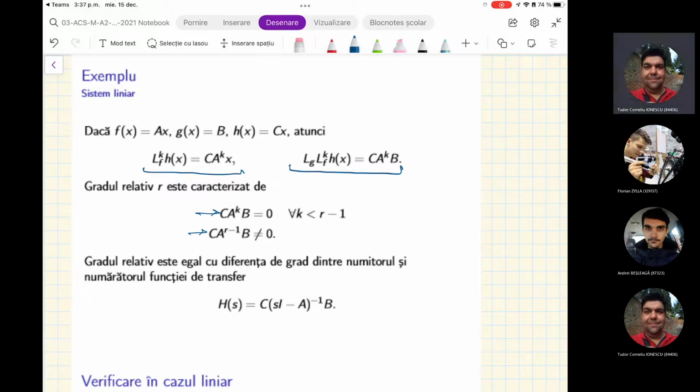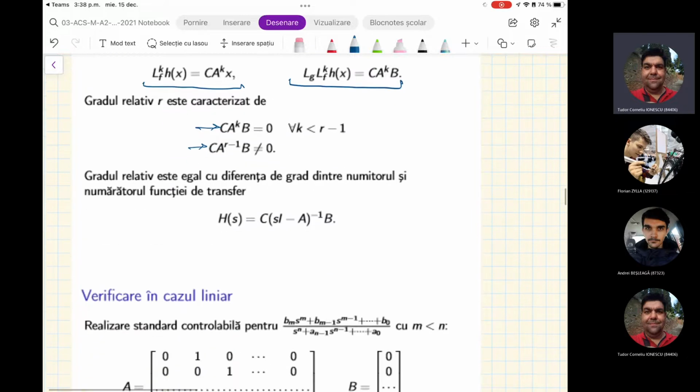Essentially, the relative degree is how many poles you have over how many zeros you've got. This is what relative degree does for linear systems.